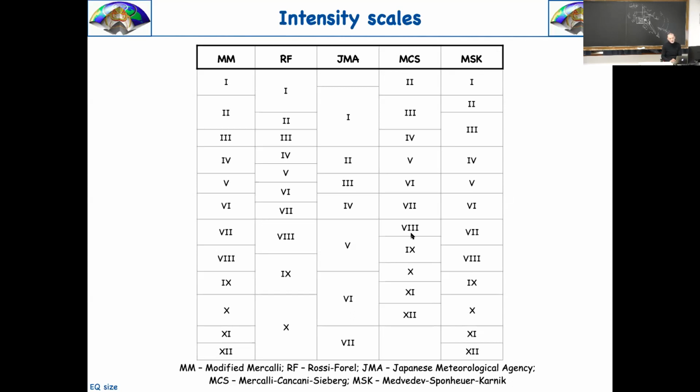And just to make the story more complicated, the Japanese adopted a totally different one called JMA, by the Japanese Meteorological Agency, that originally was based on 7 degrees, but actually they divided the 6th and the 7th grade into sub-degrees, so they are using 10 or 12 as well. So when you read a report about a historical earthquake, please be sure to read which macroseismic scale is used.